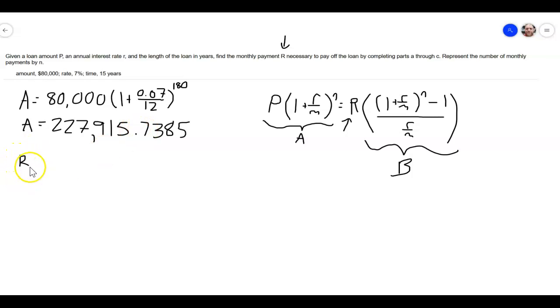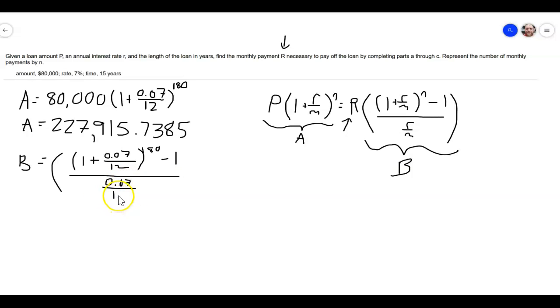Now for B, let's put this in. That's going to be this side except for the R. So we're going to have 1 plus r, 0.07 over m, which is 12, raised to the n, which is 180, minus 1, all over r over m, 0.07 divided by 12.